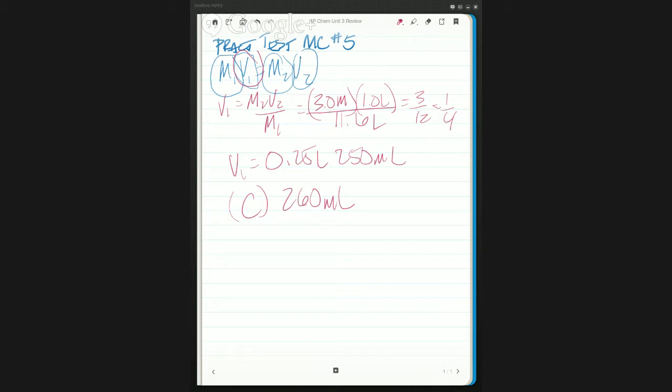If you look at your options, 3.9 milliliters, 35 milliliters, 260 milliliters, and 1,000 milliliters, 260 is the only one that's even close to what you need. You know it's not 1,000. You know it's not 3.9. So you just kind of process of elimination, you get to it. So that is how you do that one.